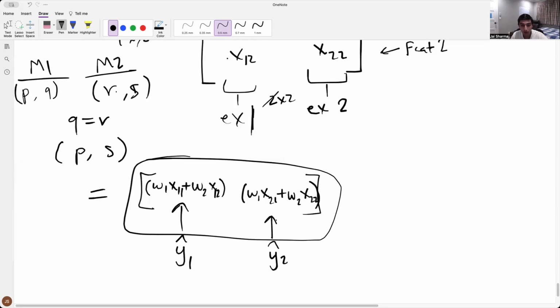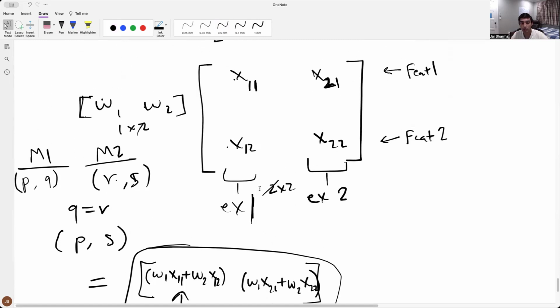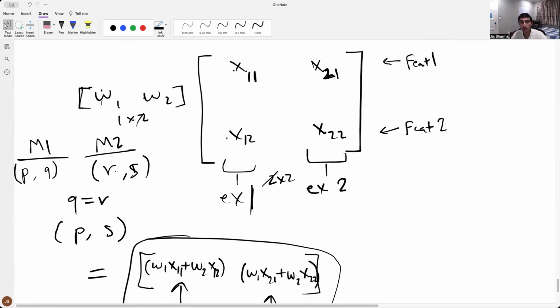If you notice, this is W1 times the first input feature plus W2 times the second input feature, all from the first example. This is W1 times the first input feature plus W2 times the second input feature, all for the second example. And so in this way, sometimes what computers allow you to do is you can do this computation W1 times X11 plus W2 times X12, and the computation W1 X21 plus W2 X22.